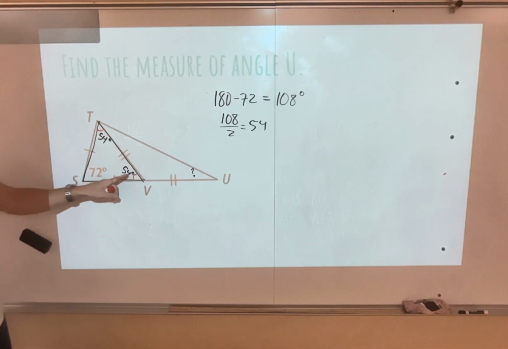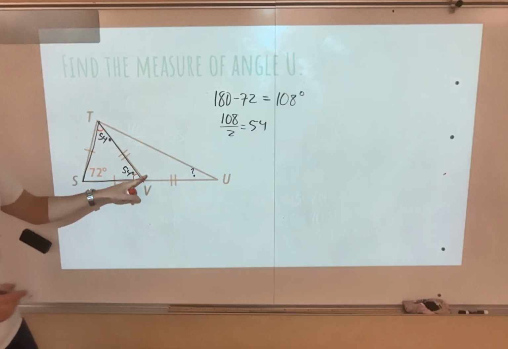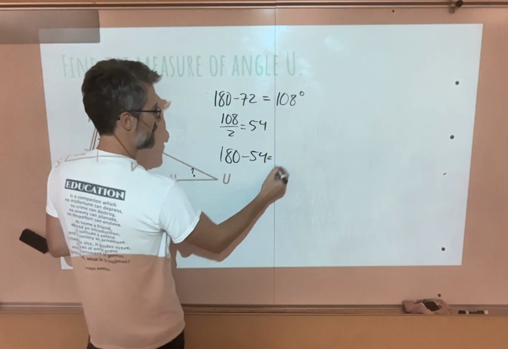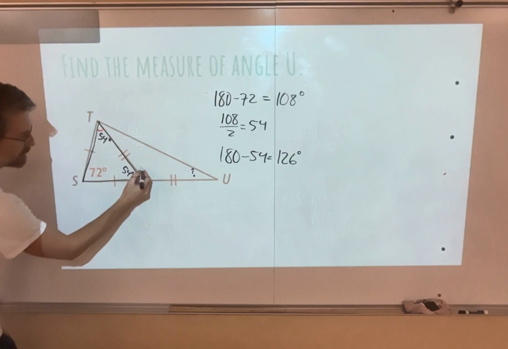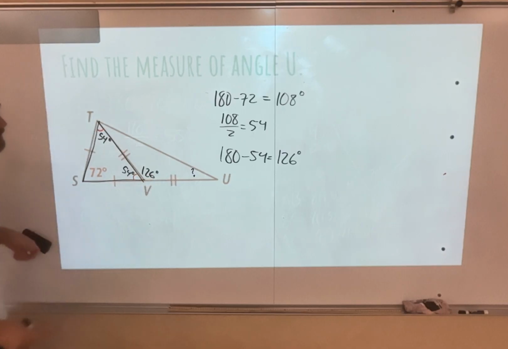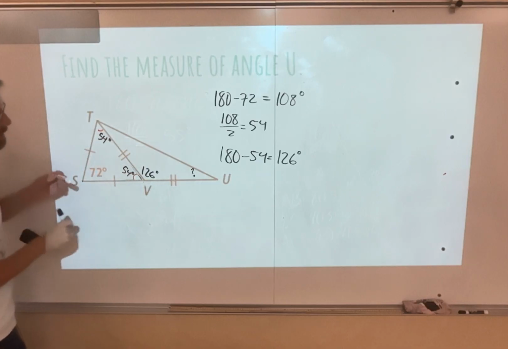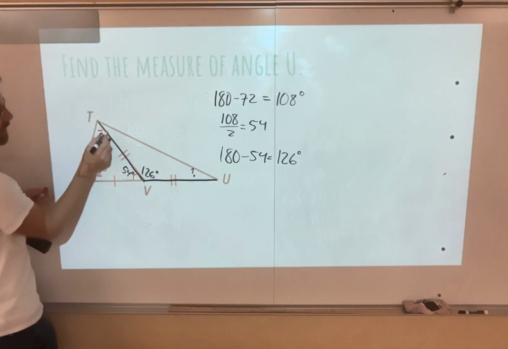Well, now, if I know that this is 54, I can figure out what this other angle is, because this makes a linear pair, right? This 54 and this angle right here, this big obtuse angle, those have to add to 180 degrees. So 180 minus 54 is 126. So my obtuse angle here is 126 degrees. Well, now I've got another isosceles triangle, right? This side and this side are equal to one another.